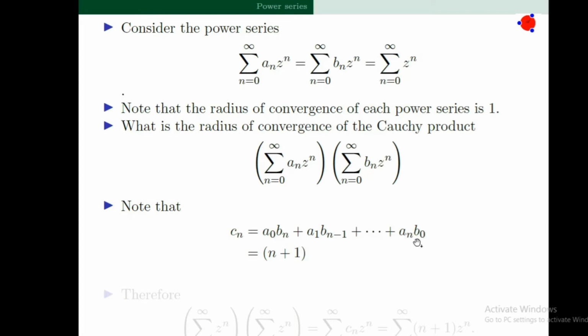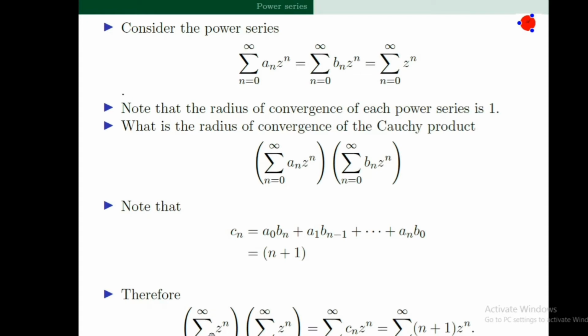Here all coefficients are 1. So this is the sum of n plus 1 terms, that is 1 plus etc., n plus 1 times. Therefore Cn is equal to n plus 1.